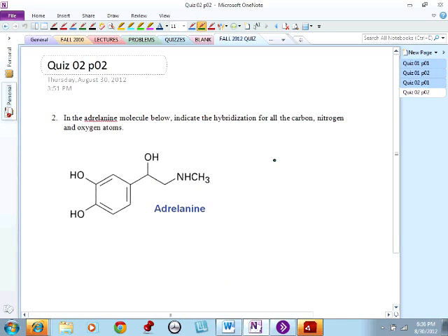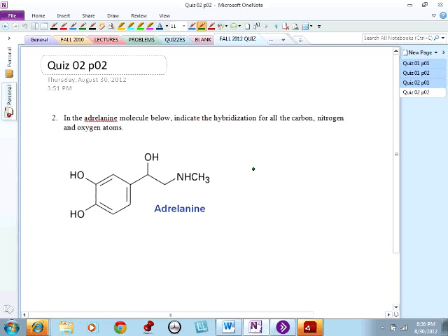Somebody read question number 2 for us. The adrenaline molecule below: indicate the hybridization of all carbon, nitrogen, and oxygen atoms. Okay, very good. How many of you have heard of adrenaline before? You've heard of an adrenaline rush? Exactly. That is the molecule that the body makes when you are in trouble.